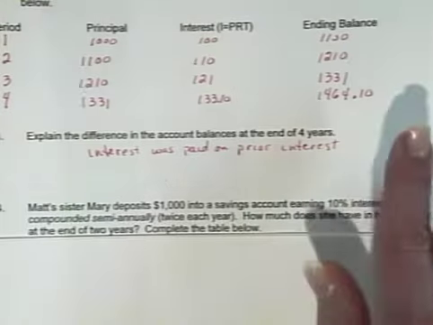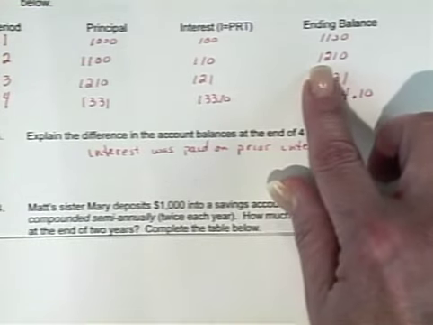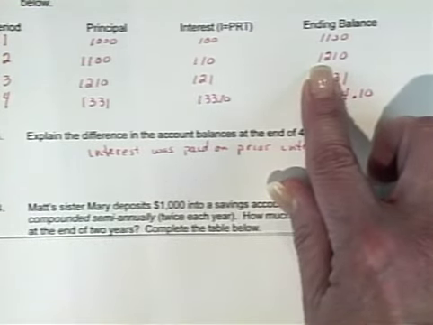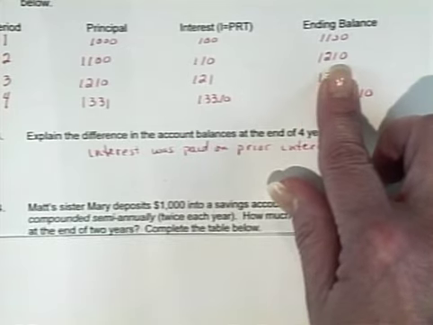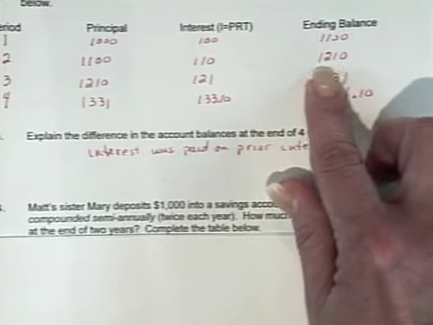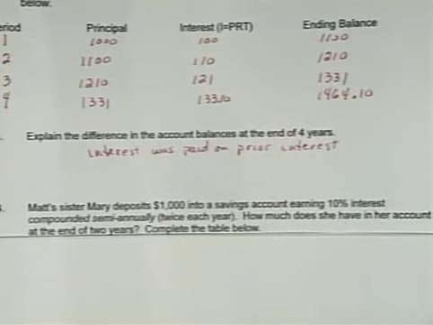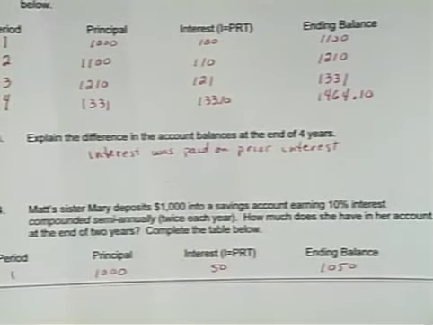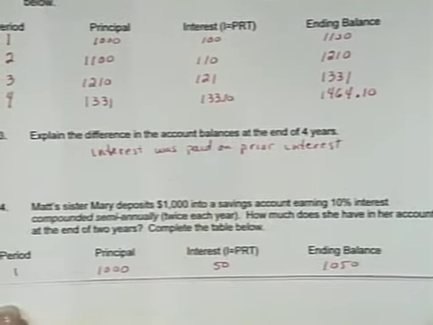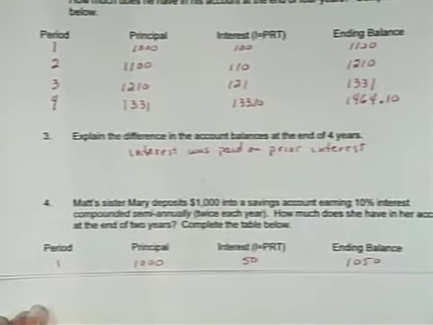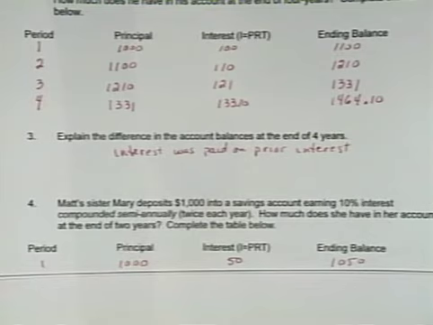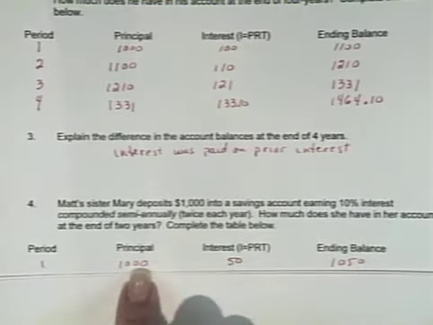Let's remember that at the end of 2 years, right here, Matt has $1,210. Let's see how Mary turns out with her $1,000 at the end of 2 years. Here we go. In the first compounding period, that's at the end of 6 months, her principal is the original $1,000.